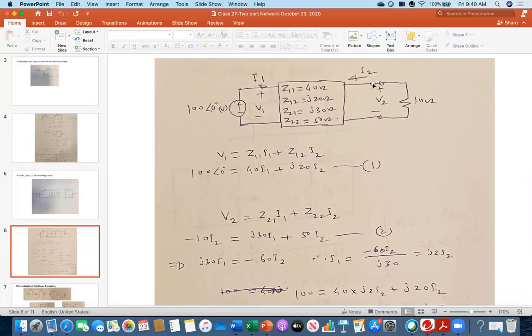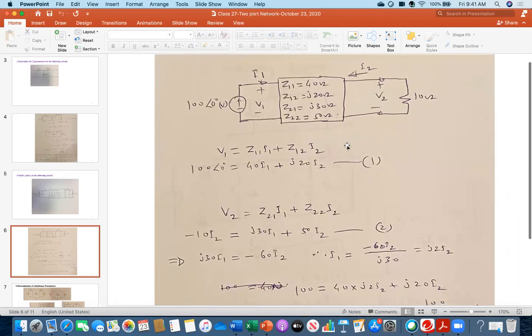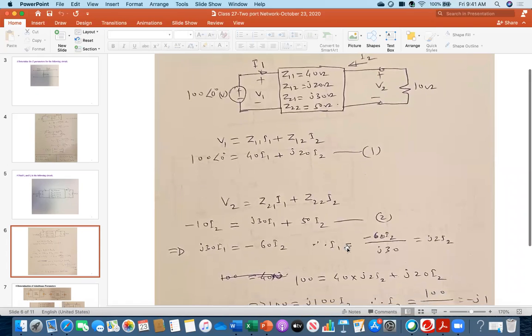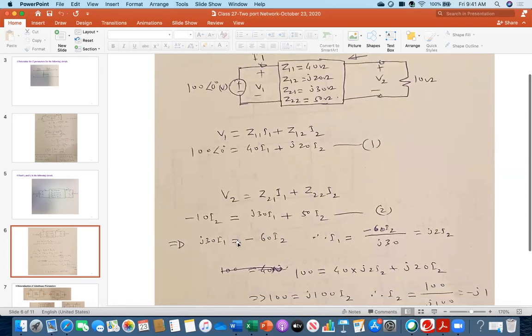But this is in the opposite direction with respect to this one, that's why V2 is minus 10 I2. G21 is given as j30 times I1. G22 is 50, which was given. Now I have the second equation. So from these two equations, find I1 and I2. From this equation, I simplified.